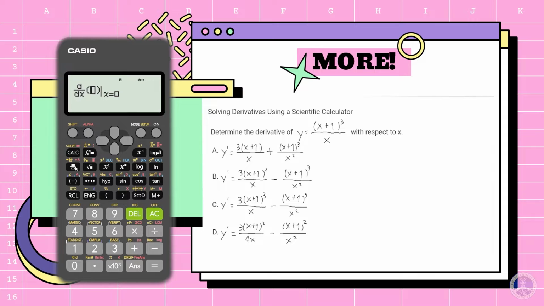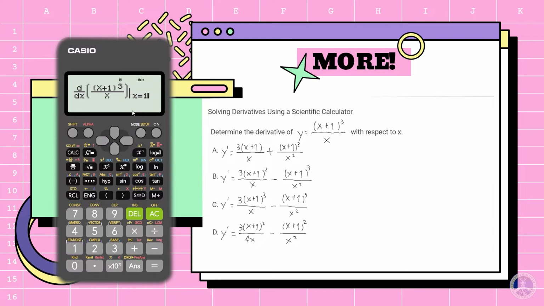Fraction, then parenthesis, alpha parenthesis, alpha close parenthesis, plus 1 cube. There we go. And all over the value of x. And finally, we assign a value to what x should be.